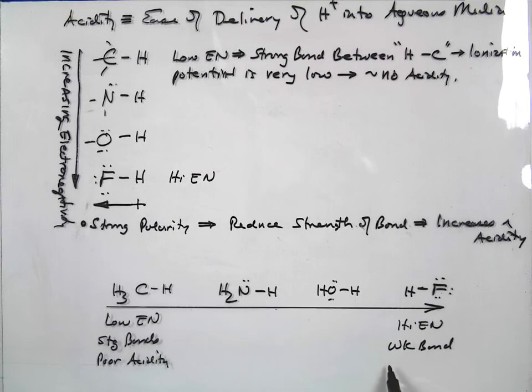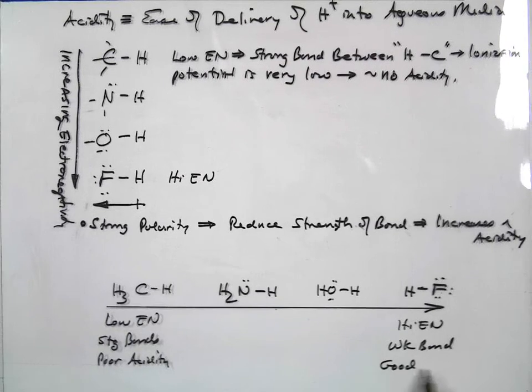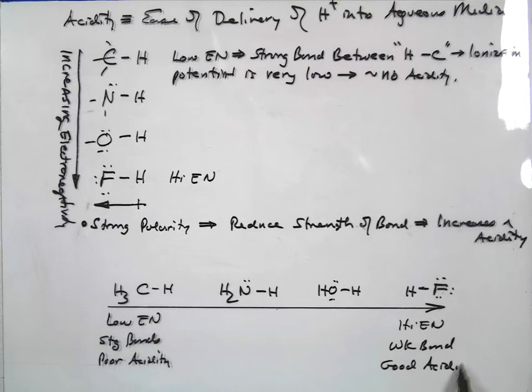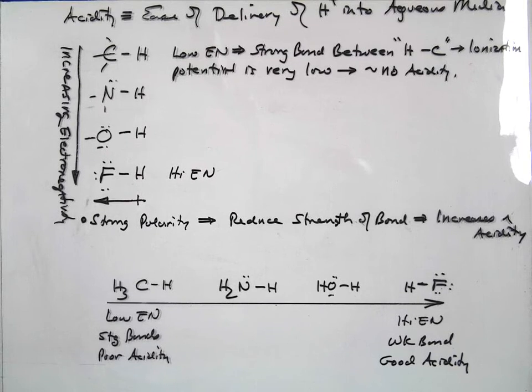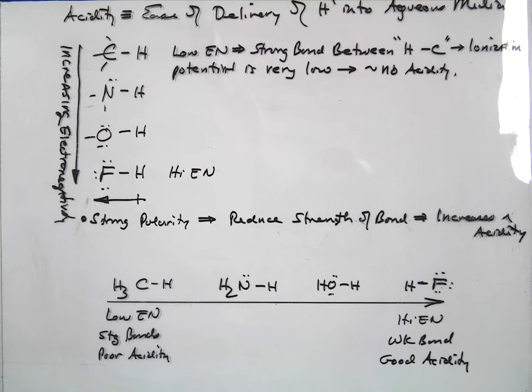And this is a good, if you will, acidity as you move across in that context. So in series, the electronegative effects will certainly have a big play in the acidity and how easily something will break away.